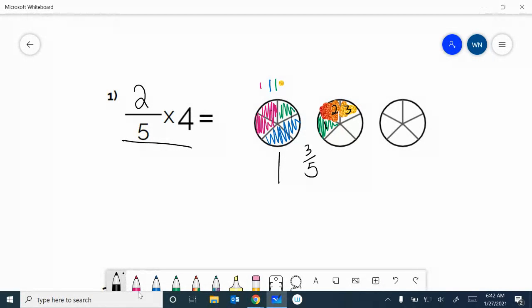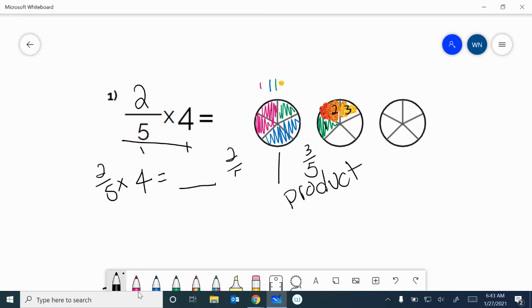Now when we're working with this, it's going to start asking us to decide if the answer to the problem is going to be greater or less than one of the factors. Remember, the factors are these 2 numbers, what you're multiplying together, and the product is the answer. So you might have a problem that says 2/5 times 4 equals a number that is greater or less than 2/5.